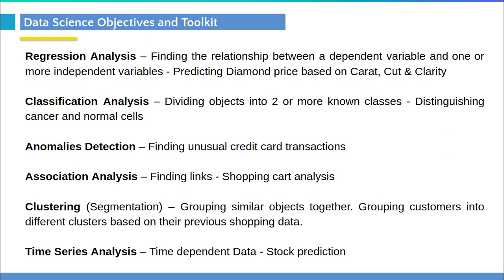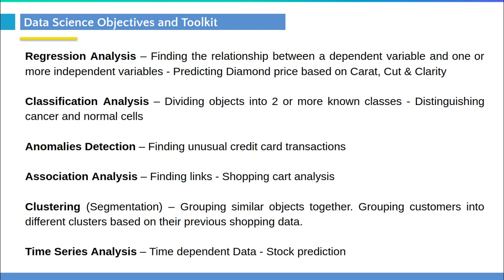So there is a data science objective and a toolkit. We will learn more about these aspects of data science, where we would be applying regression analysis or classification or anomaly detection, association.